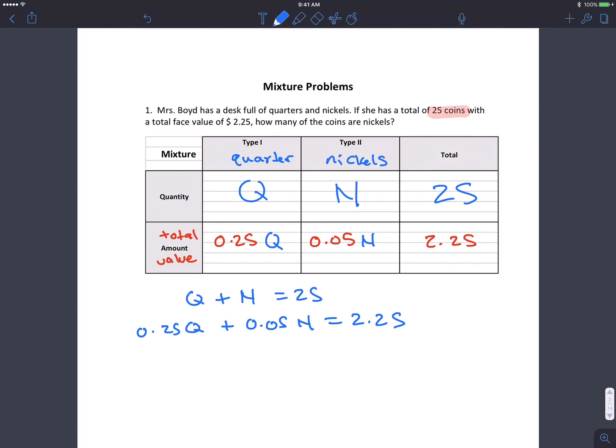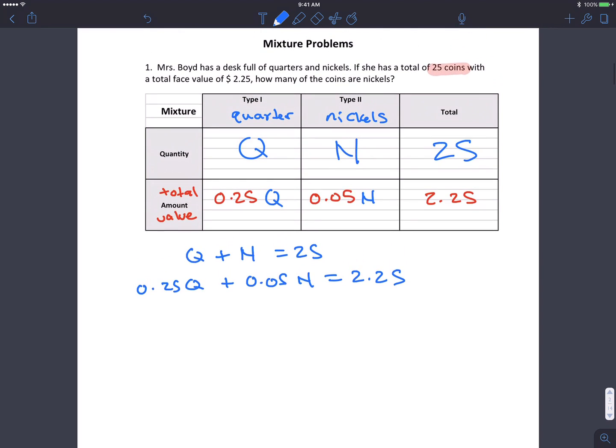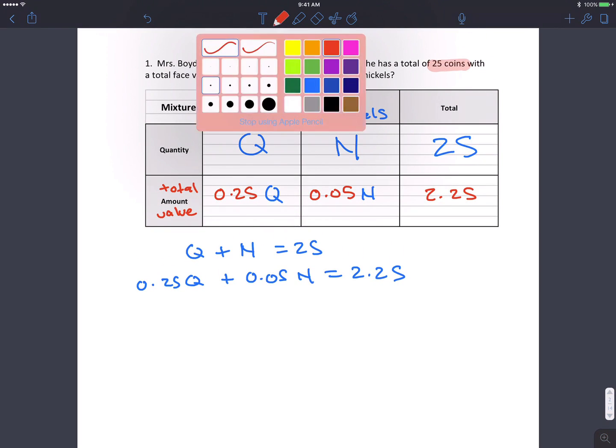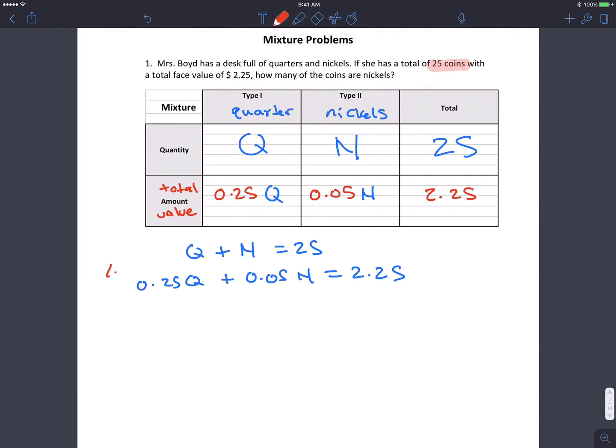So the work we did in class today, if you remember, we have decimals for the second equation. For that second equation, we're going to multiply the left and the right side by 100, which really means we're multiplying every term by 100. That moves the decimal two spaces to the right for each number that has a decimal.